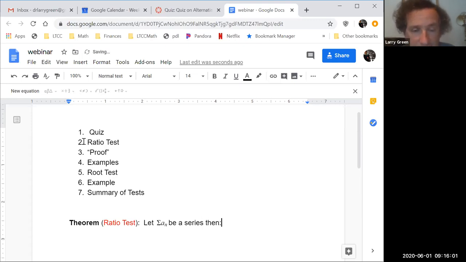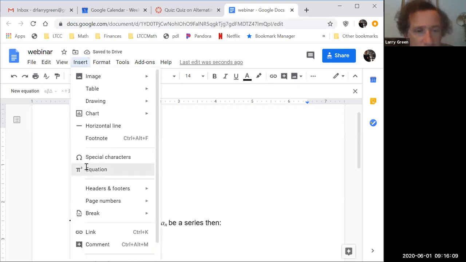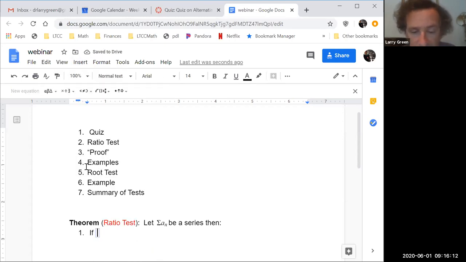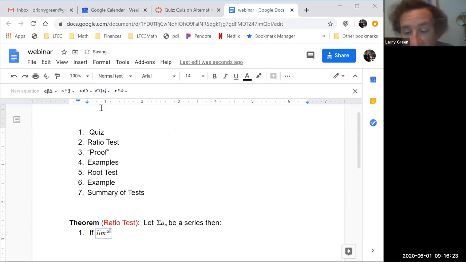Then, 1, if the limit of a sub n plus 1 over a sub n is less than 1.